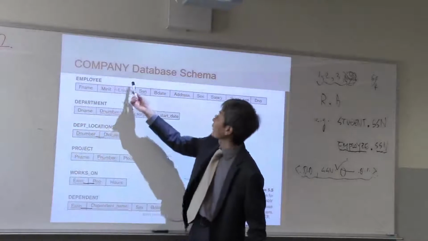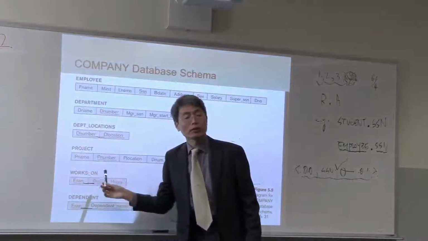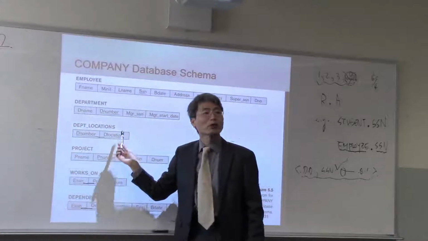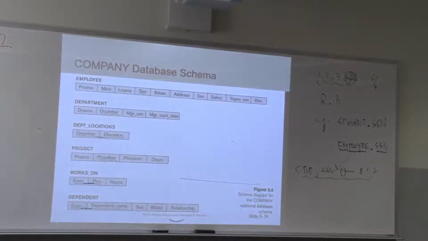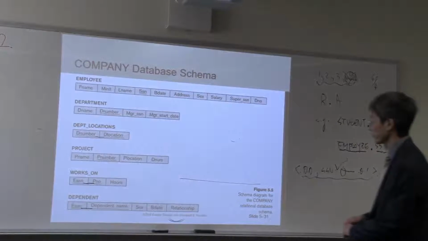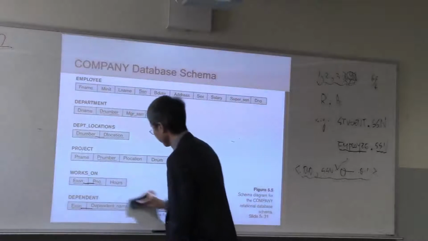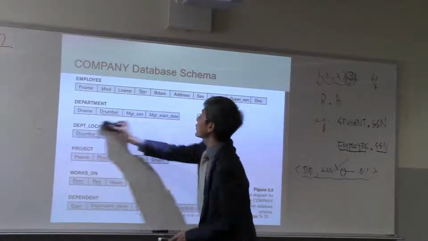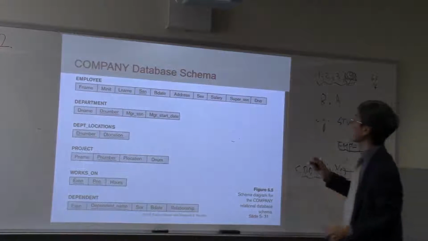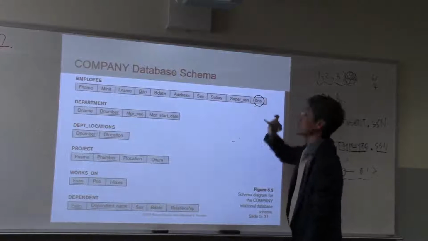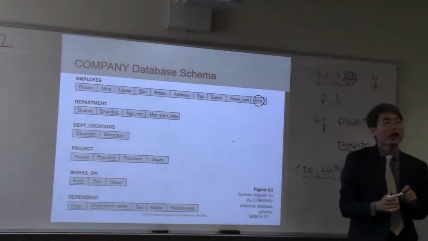Okay, what relation in the company database is satisfied with the first, key constraint, and second, entity integrity constraint? It's none. Then the third one: why don't you take a look at the employee and department? Employee has the D number as an attribute.